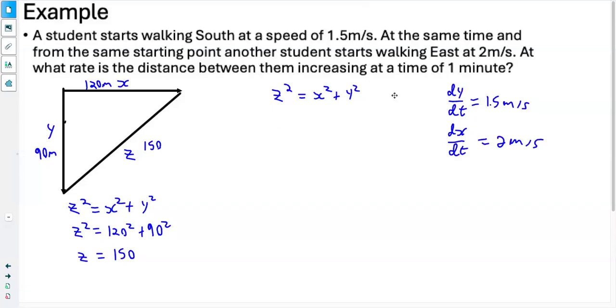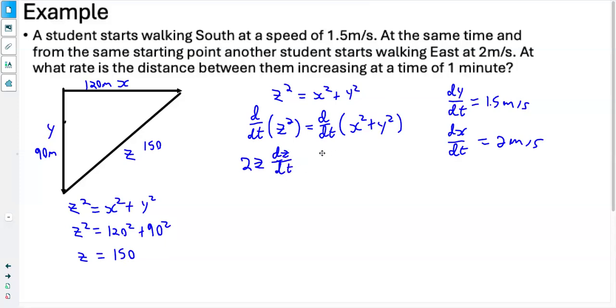Now we're going to take the derivative of this. So we have d dt of z squared equals d dt of x squared plus y squared. So we have 2z dz over dt equals 2x dx over dt plus 2y dy over dt.